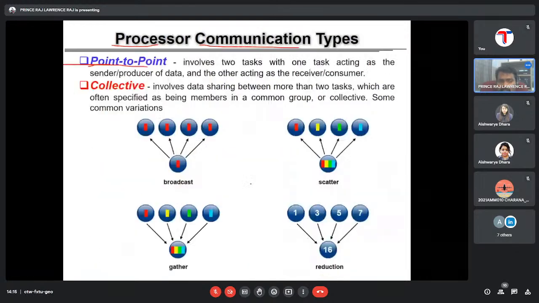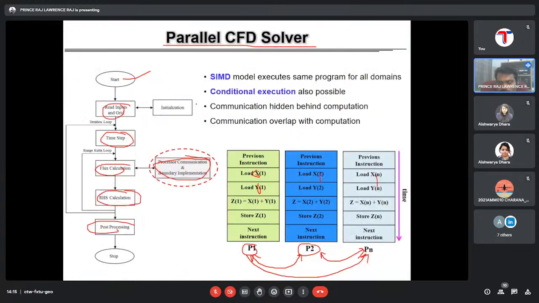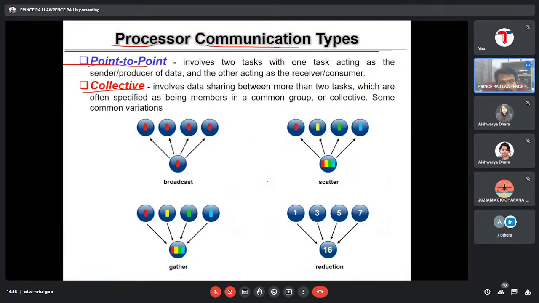Now another thing is collective communication. Collective communication is where, for instance, processor number one decides, I have to send information to all the processors. It is a serial kind of communication. It will give the same data to everyone. Collective communication is broadcast.